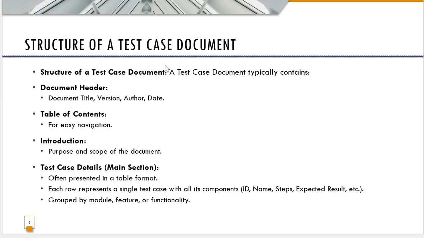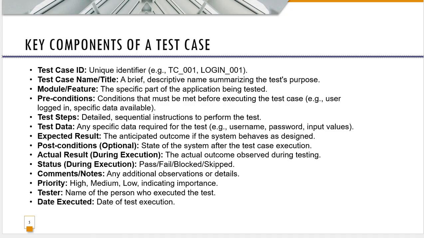Then the table of contents for easy navigation. I already mentioned all these things in the previous slide. Let me show you. So that is the table of contents, which lists the scenarios you covered.